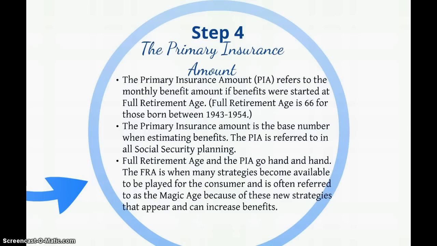So in summary, the full retirement age benefit amount is called the primary insurance amount. Do not forget that, write that down. It'll be in the notes for this section, but one more time, the full retirement age benefit amount is called the primary insurance amount.